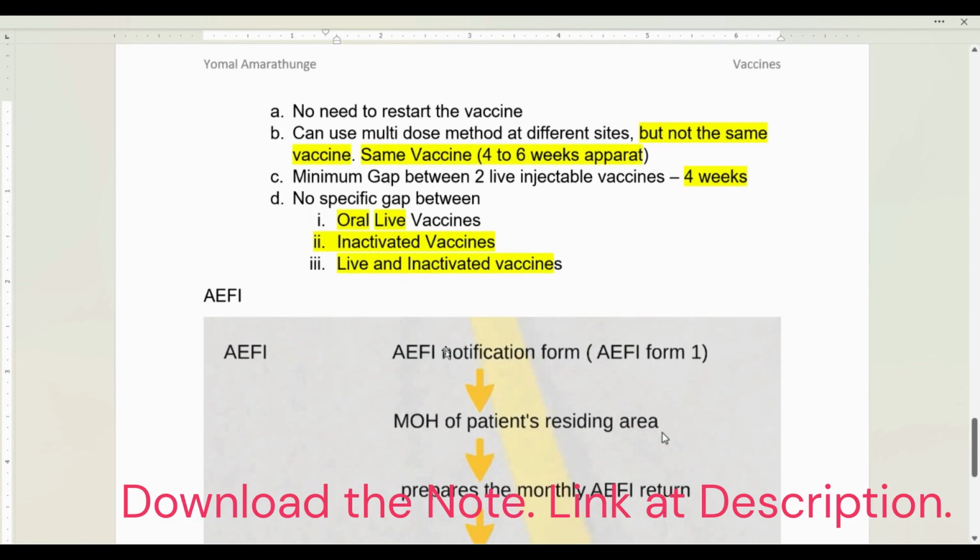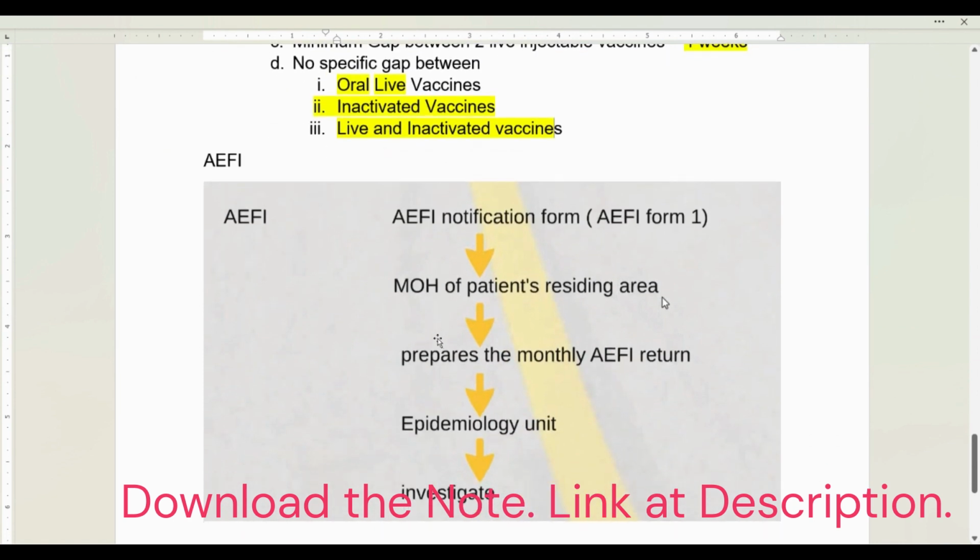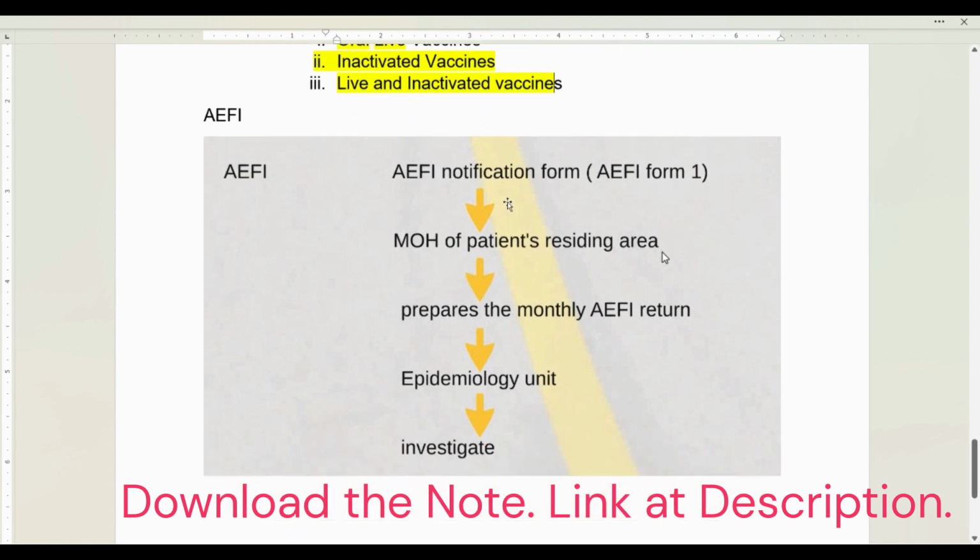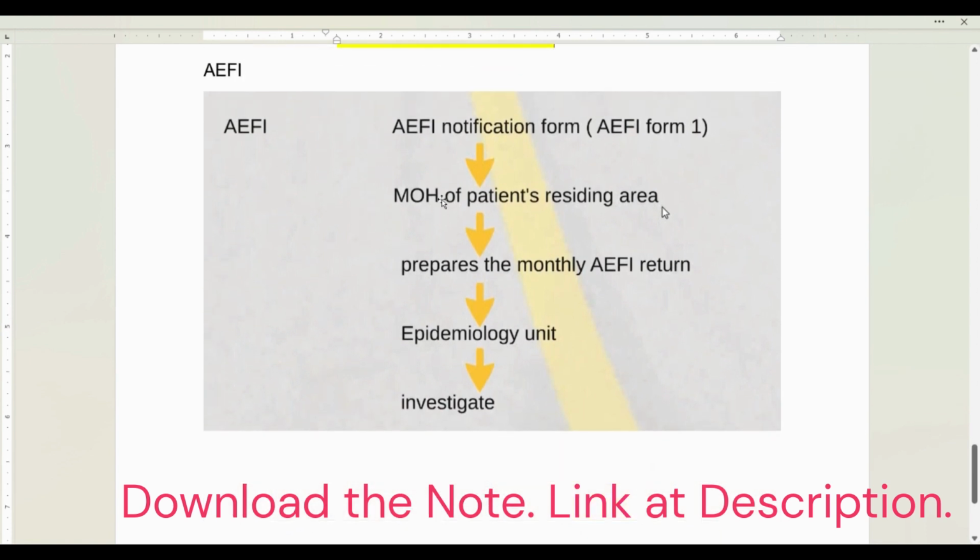So as you know, there are adverse effects following immunization in Sri Lanka. This is the usual way of notifying the adverse effects following immunization. There's a form, you have to fill it and give it to the MOH of the patient's residing area.